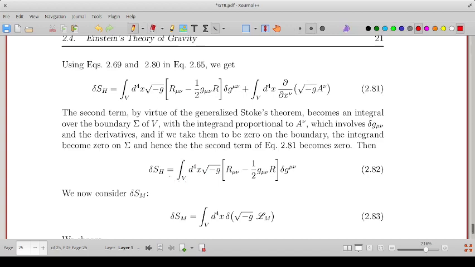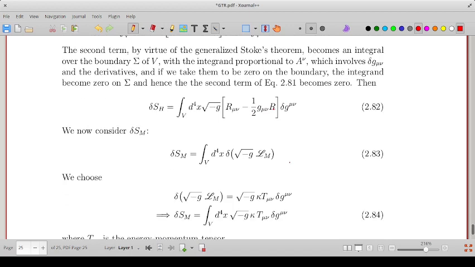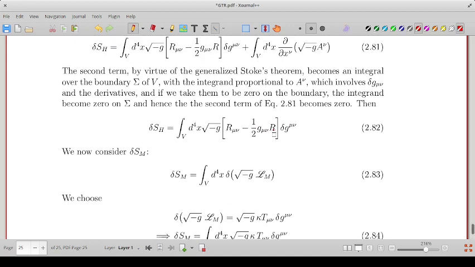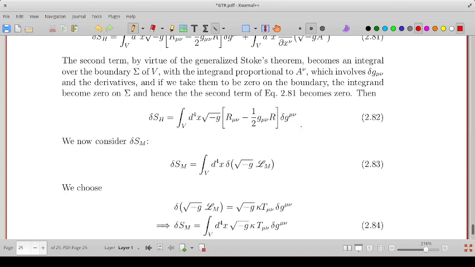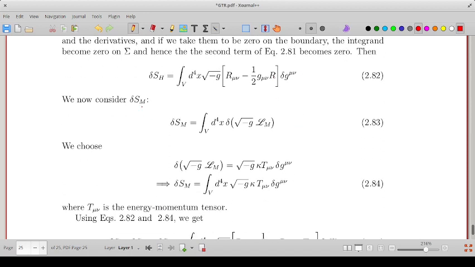So that is delta S_H is equal to integral over the spacetime region V over d4x square root of minus g, then r mu nu minus half g mu nu r times delta g mu nu. So this is only the variation in the first part of the action. We need to consider the matter part of the action now.